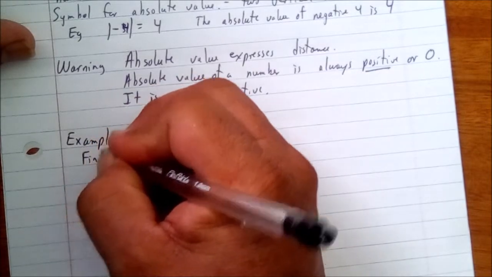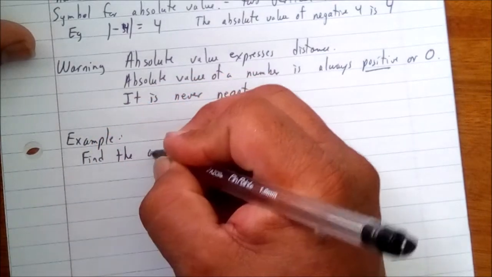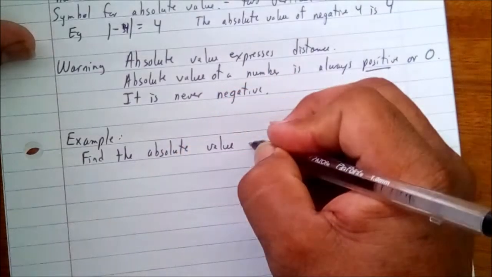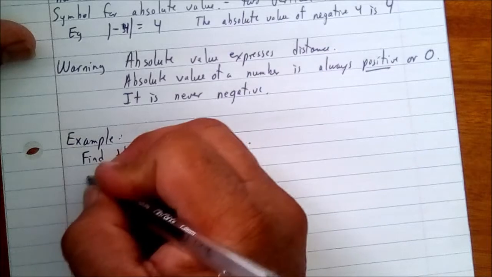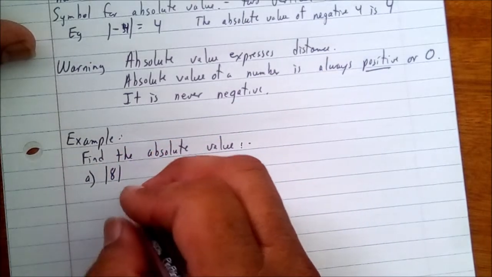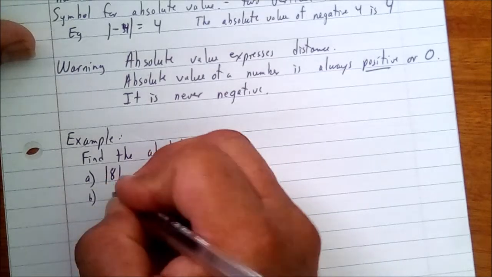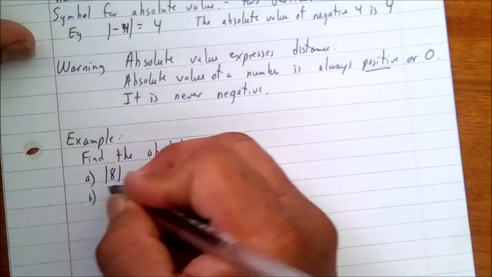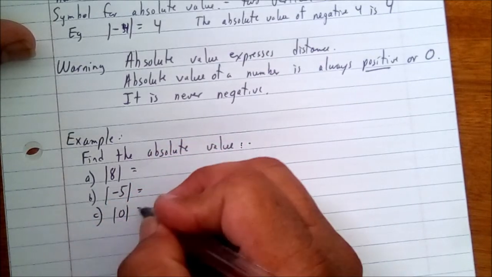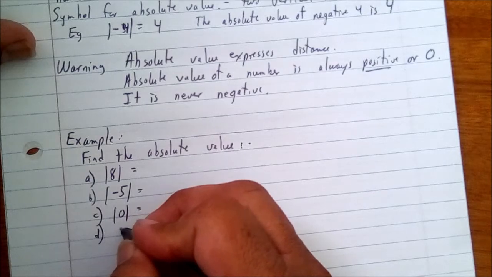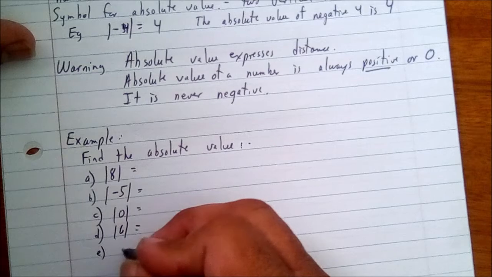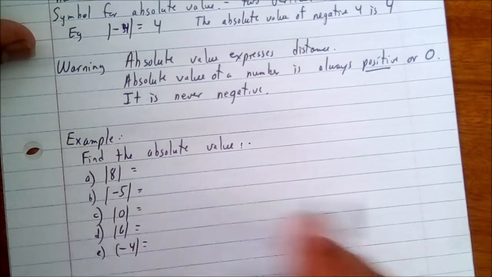Find the absolute value of each: a, which is positive, b, which is -5, then 0, then 6, and so on.